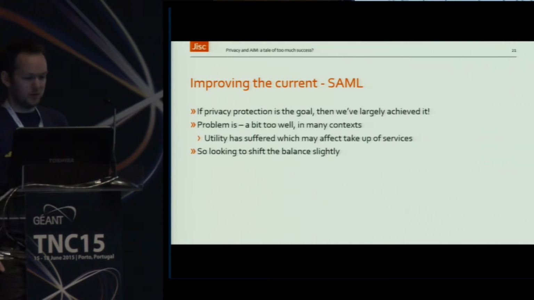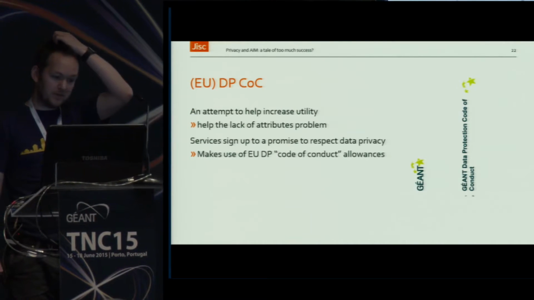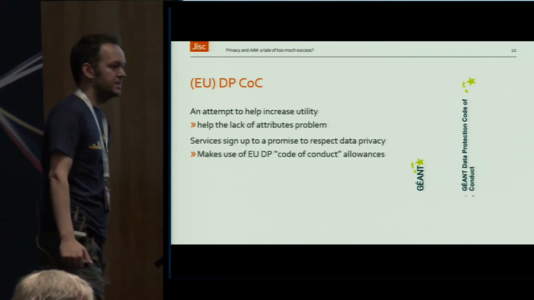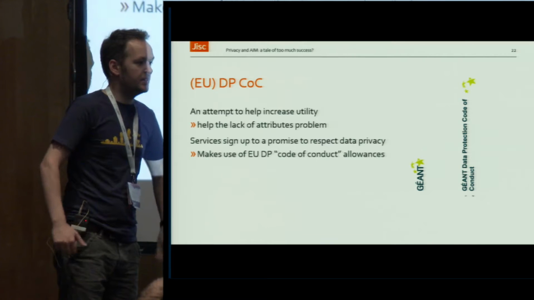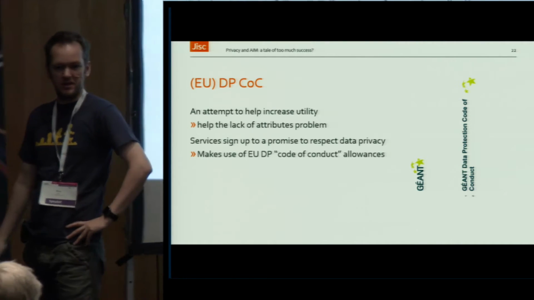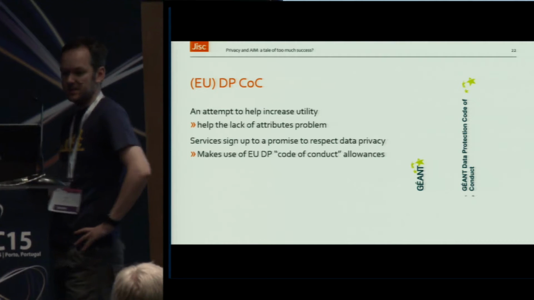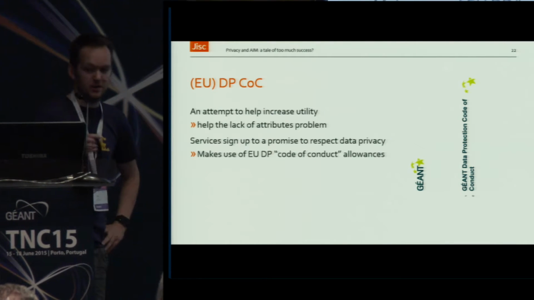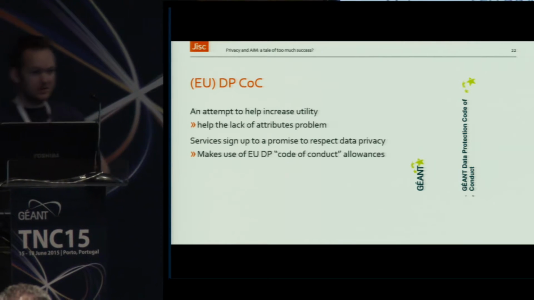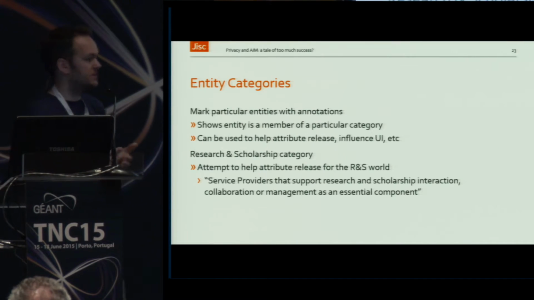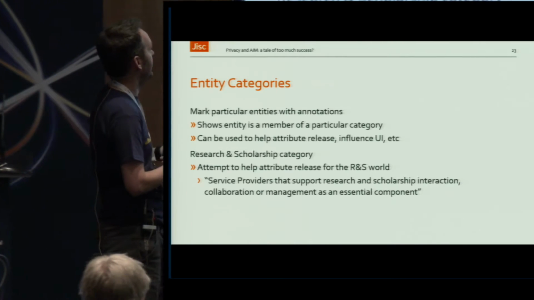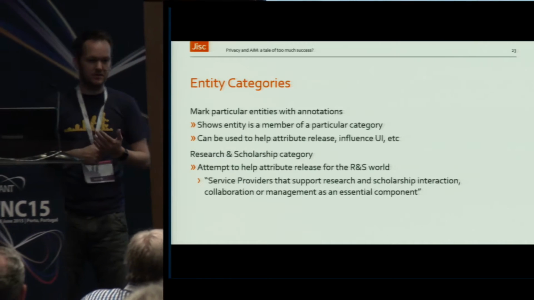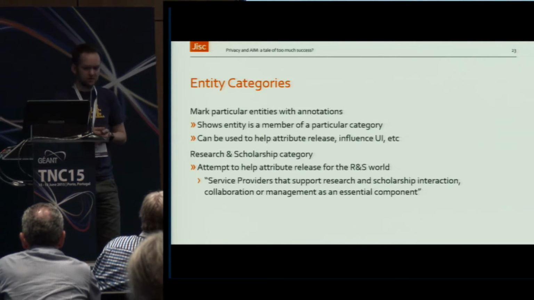So a little review of what we're doing at the moment, for those of you who are unaware. We are doing things like the Data Protection Code of Conduct, which is an attempt to help IDPs in their decision making. It's a way of a service signaling that they respect data protection law, which is nice. And it makes use of things called entity categories, which are a way of annotating entities in SAML metadata with specific properties, one of which is I support the Data Protection Code of Conduct.